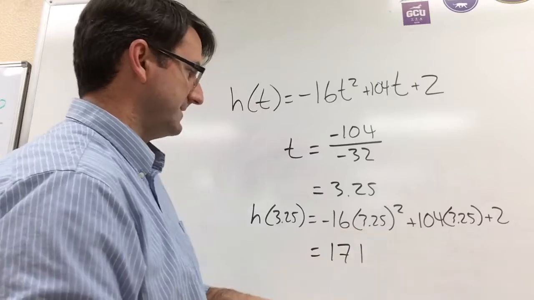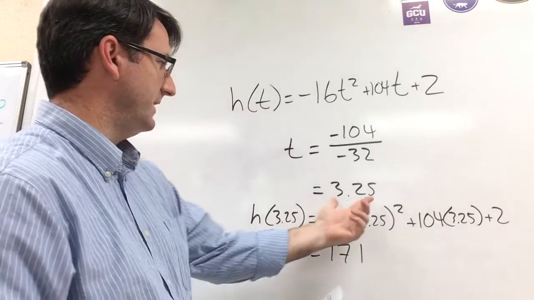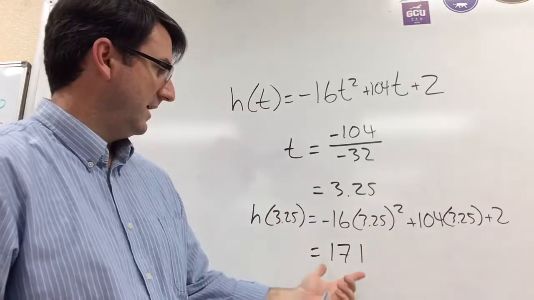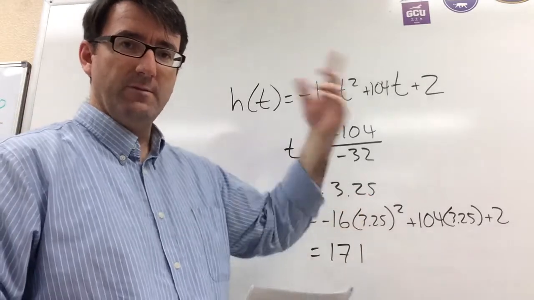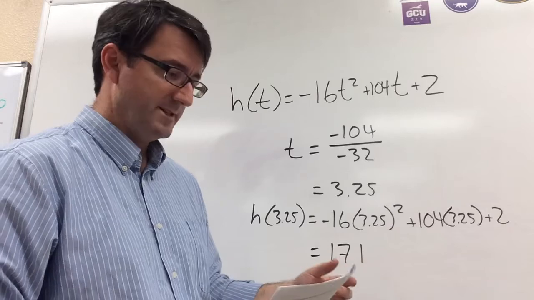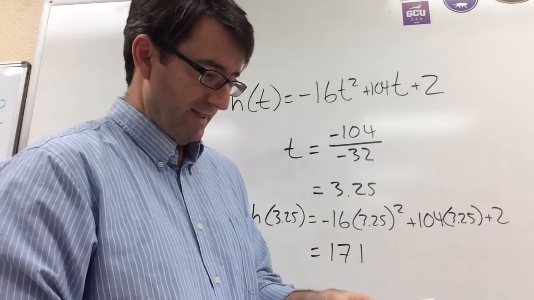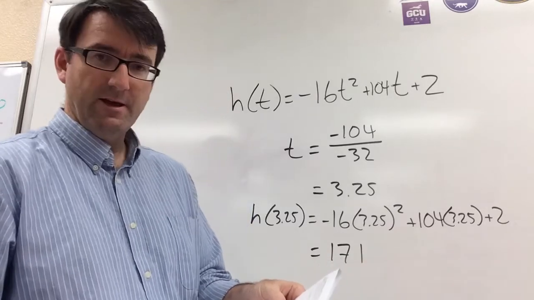So our vertex is going to be at the point 3.25, 171. After 3.25 seconds, the ball reached its maximum height of 171 feet. And that's going to be B for number 10.